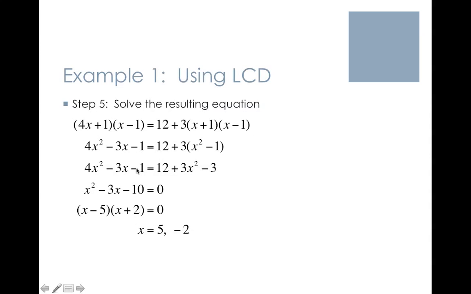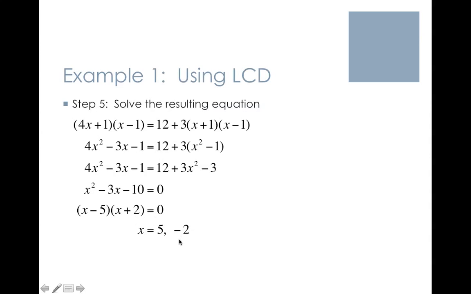And then for the negative one I had, I'm going to subtract a 12 and add a 3 to get negative 10. So now I've got x² − 3x − 10 = 0, which can be factored into (x − 5)(x + 2). And so my actual solutions, the values that x is going to be equal to, are positive 5 and negative 2.